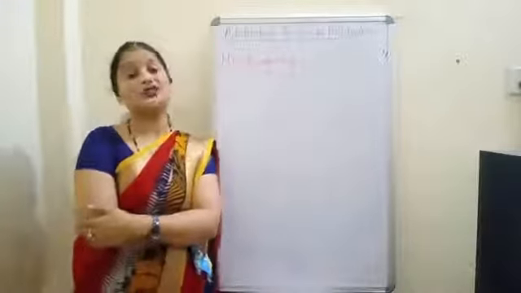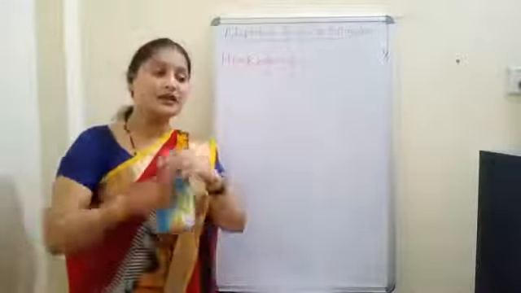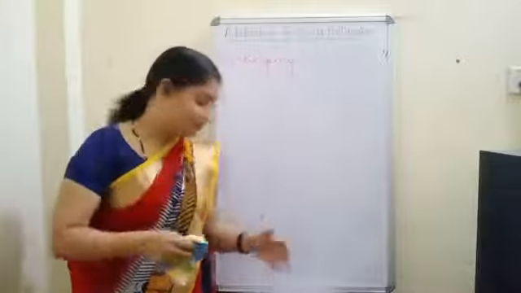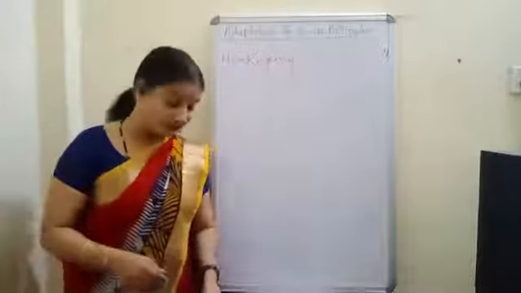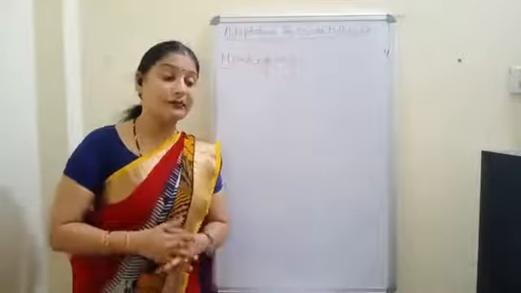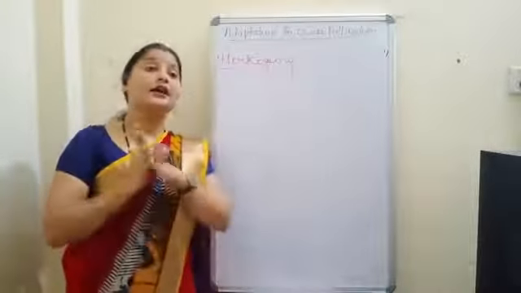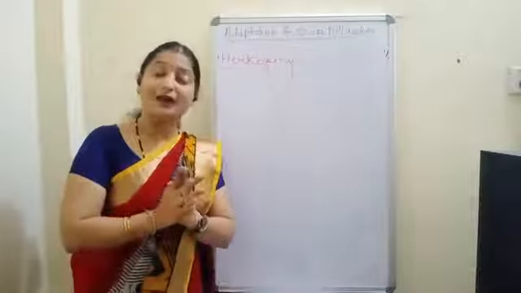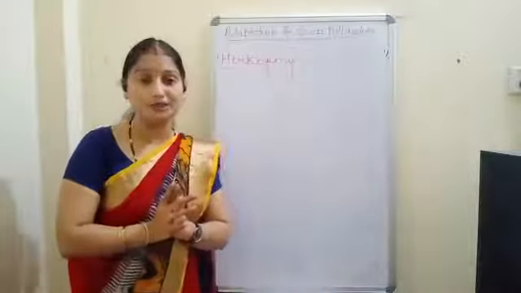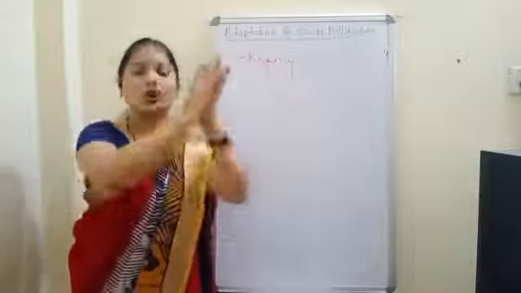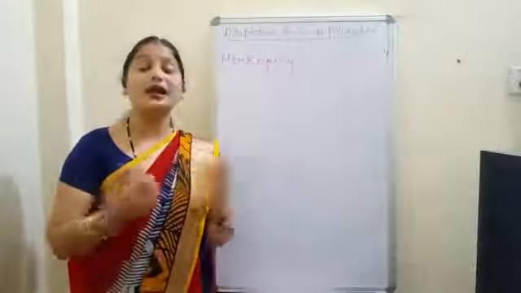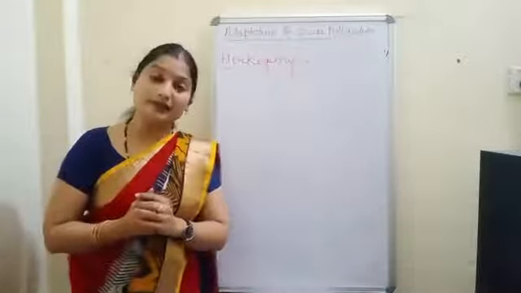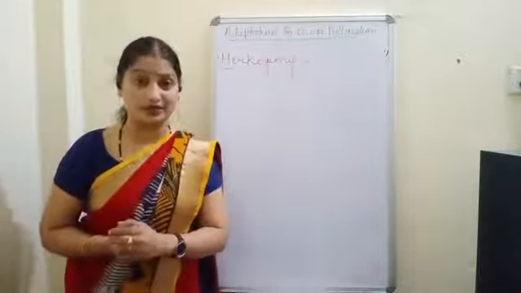Then that condition is called hercogamy. Now see what happens in some flowers, like in the family Caryophyllaceae, and the example is Gloriosa. The female part of the flower, that is the gynoecium, becomes very long and remains away from the androecium, and this favors cross-pollination.